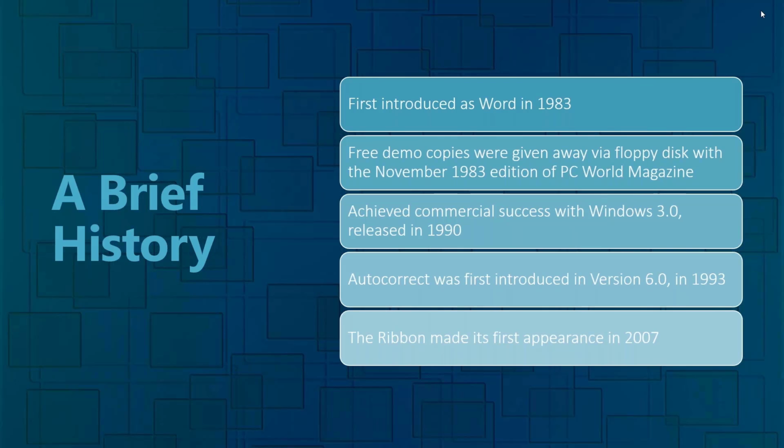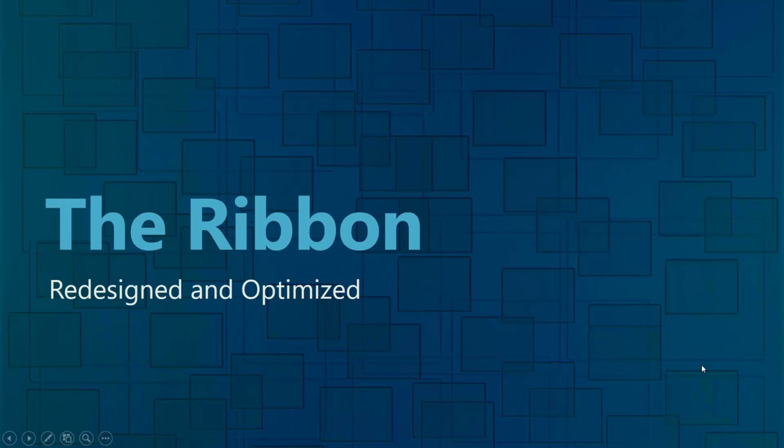That came much later. The red squiggly line underneath the misspelled words actually came after autocorrect. So that was fun to know. And then the ribbon that was sort of a stylistic revolution for Microsoft Word first made its appearance in 2007. So we're going to go ahead and start the presentation there with the ribbon.